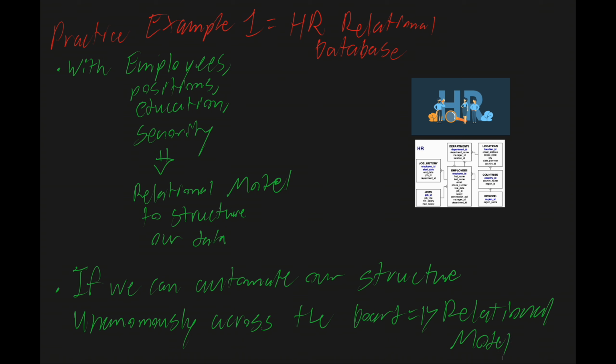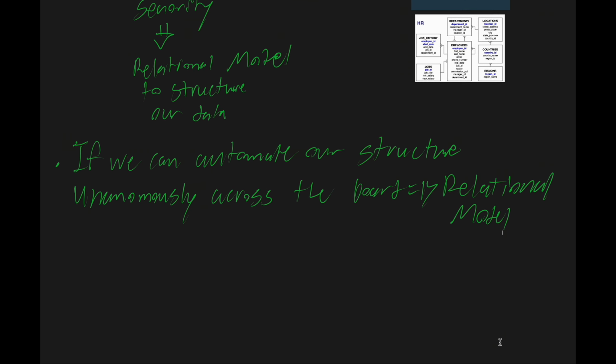In order to actually assess what data model we would use, a relational model versus a document model, there are really 3 components that we need to consider.